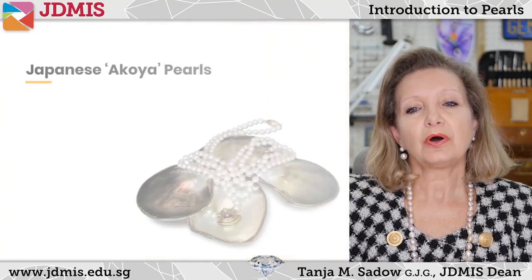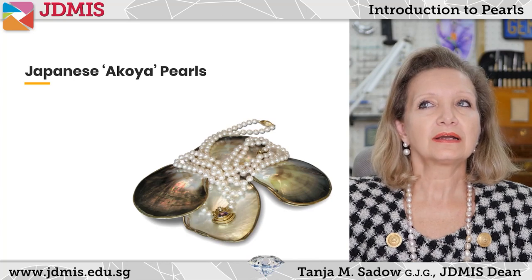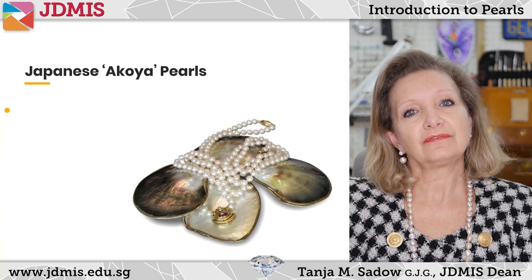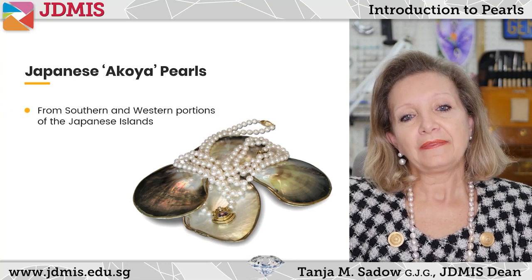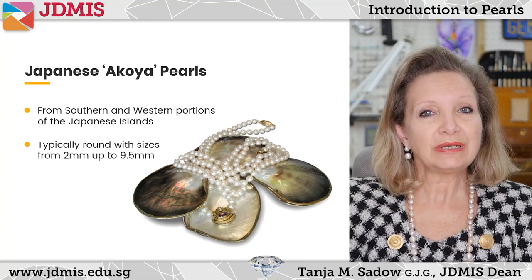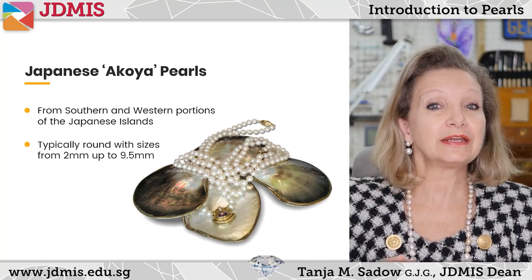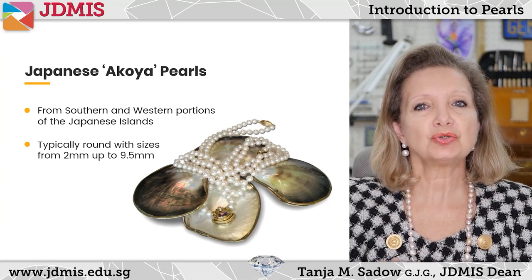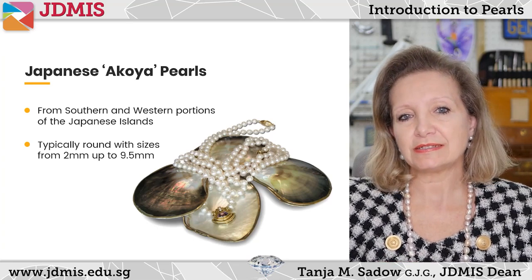So the most popular pearls are currently the Akoya. Akoya pearls are coming from Japan, and they tend to be quite small. They tend to be anywhere from 2 millimeters up to about 9, maybe 9.5. Not very many are 9.5, but it's pretty much 2 to 9.5 millimeters in size.